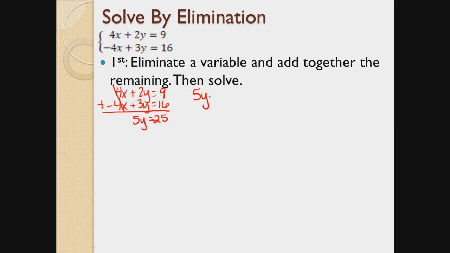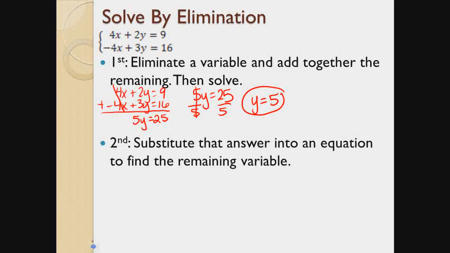Then we would take 5y equals 25, divide by 5 on both sides to find that y equals 5. Second, we would substitute that answer into an equation to find the remaining variable. We know what y is, so now we need to find x.